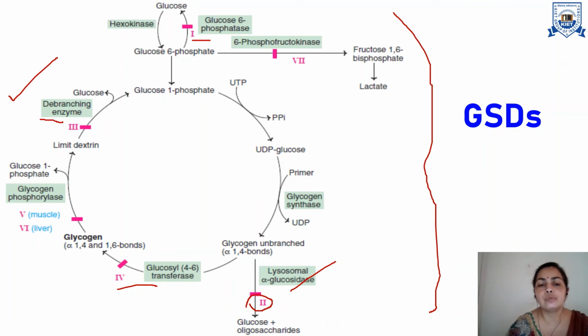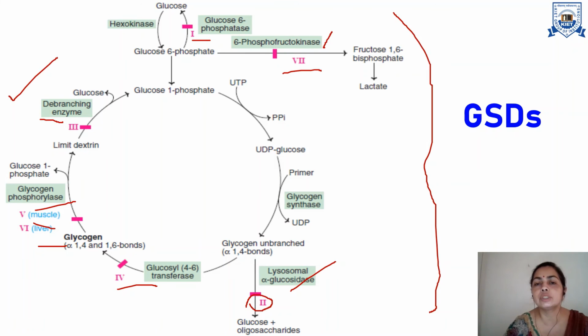Type 5 and 6 can be seen here, in muscle and in liver, when there is deficiency of glycogen phosphorylase enzyme. So there will be no breakdown of glycogen, and glycogenolysis won't happen. And here is type 7, where glucose 6-phosphate gets converted to fructose 1,6 bisphosphate in the presence of 6-phosphofructokinase.